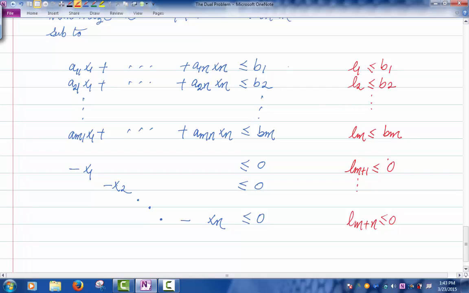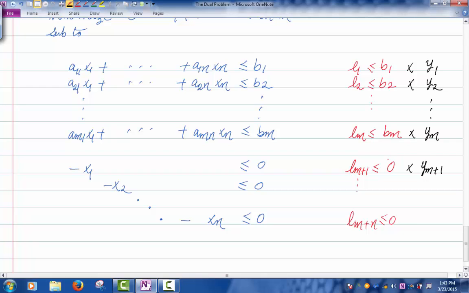Now, what was my idea? My idea was to multiply each constraint by suitable numbers: y1, y2, up to ym for the mth functional constraint, and then the rest I'm going to call ym plus 1.